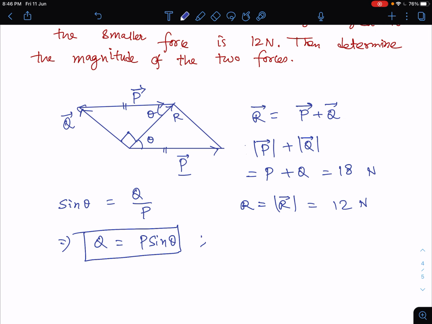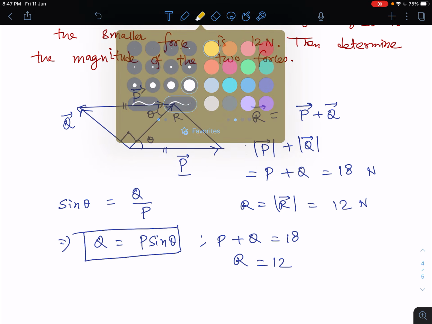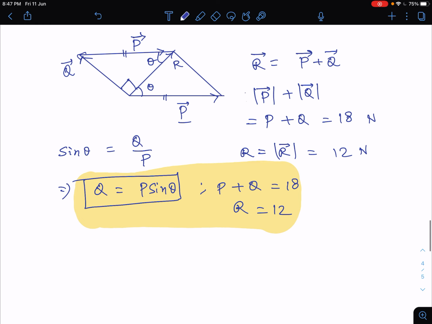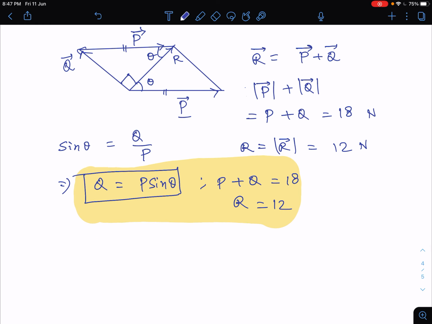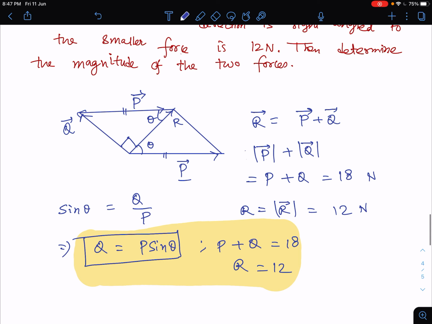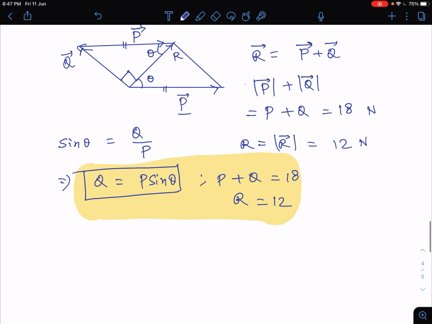Another relation is P plus Q is 18 and R is 12. These things are known by us. Now you need to determine the magnitude of the two individual forces, that is P and Q.